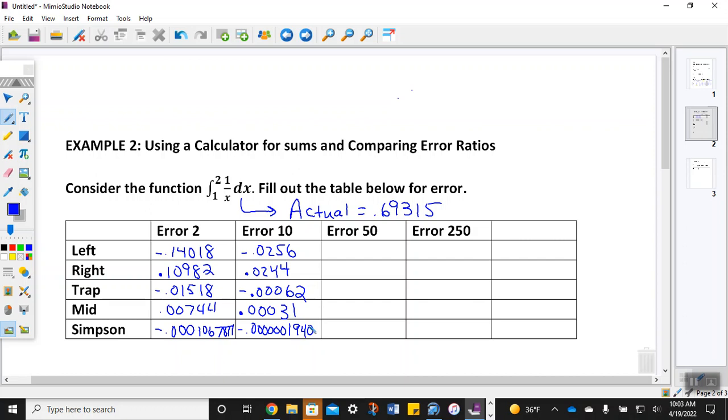So the error for 50 for left, negative 0.0050. The right is 0.0050. The error for 50 in terms of midpoint and trapezoid rule is 4 zeros, a negative decimal point, 4 zeros.